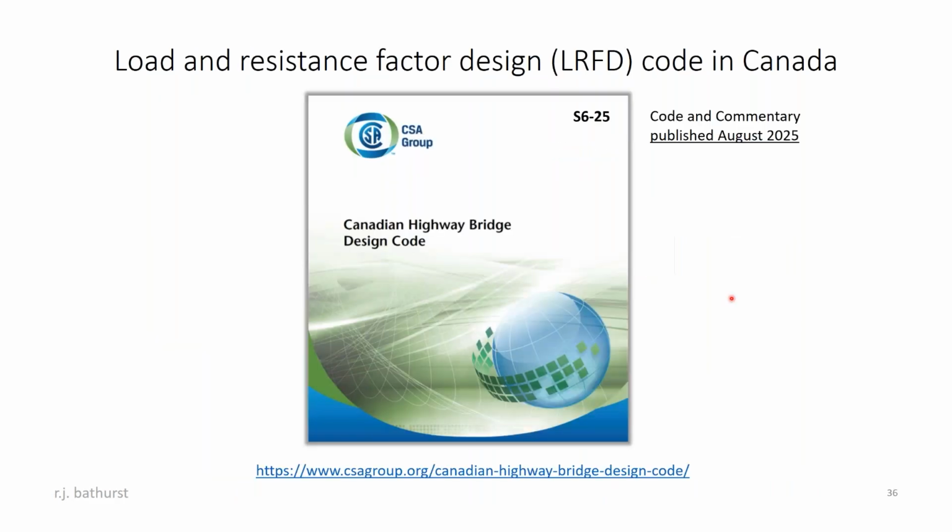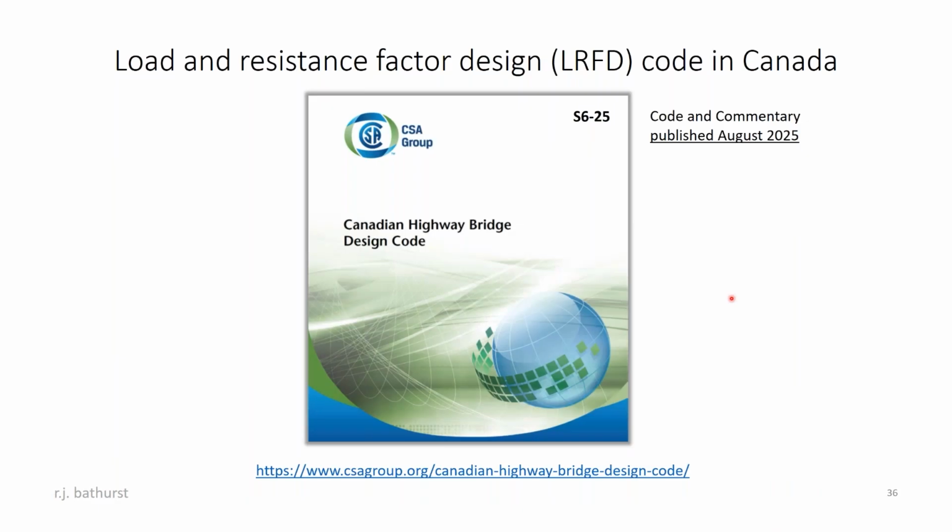The same method, as I mentioned, can be found in the Canadian Highway Bridge Design Code. And this code and commentary were issued just recently. And there's a link here where you can find this code on the web and purchase the same.